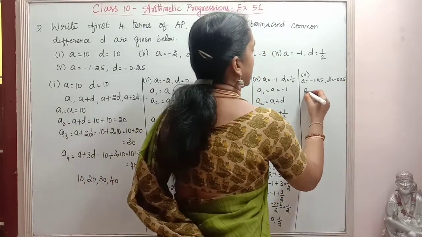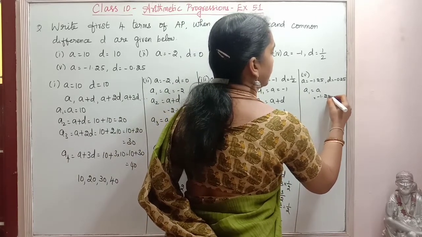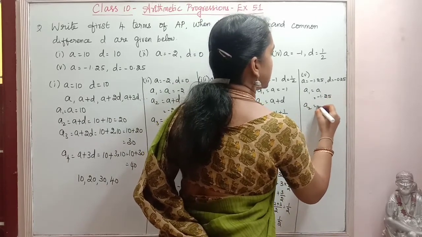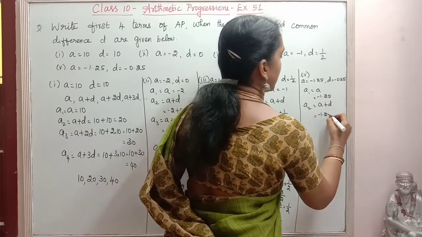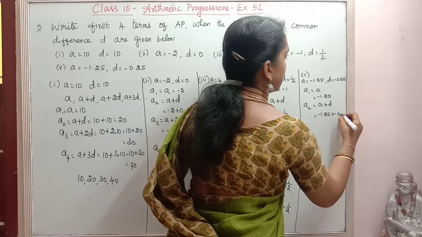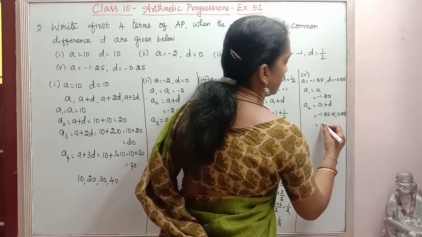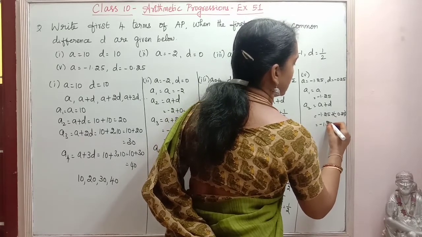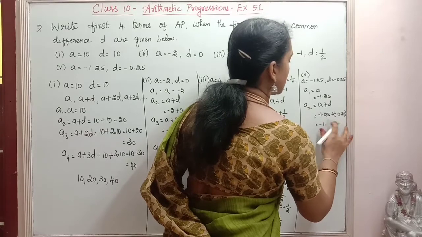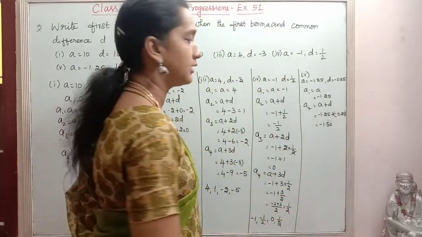Okay, so A1 is A, that is minus 1.25. A2 is A plus D. So A is minus 1.25 plus D is minus 0.25. So the answer will be minus 1.50. 25 and 25 if we add, it will be 50.